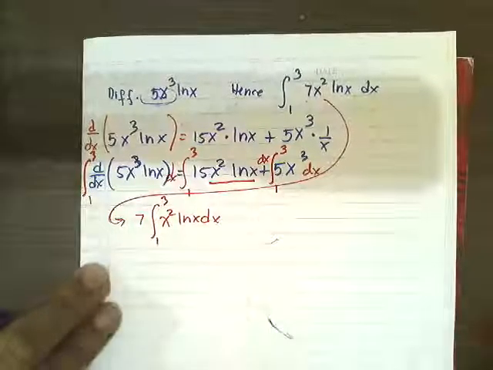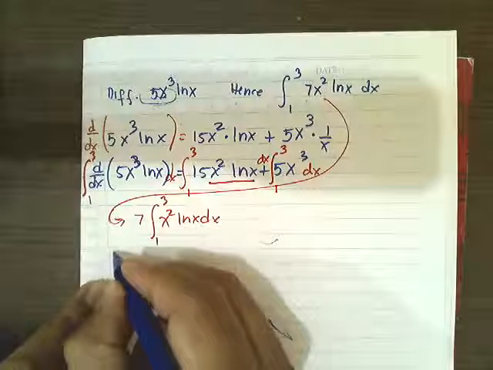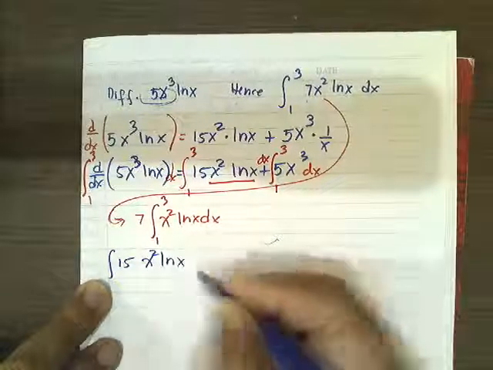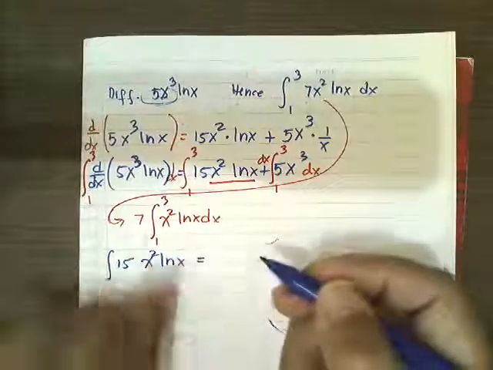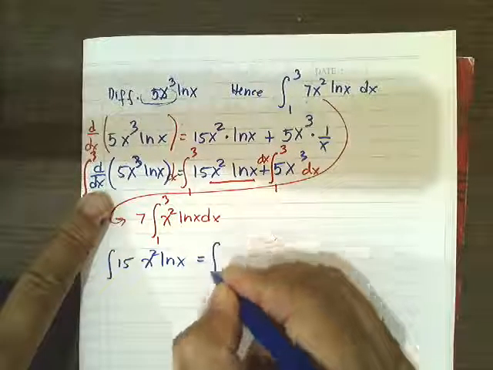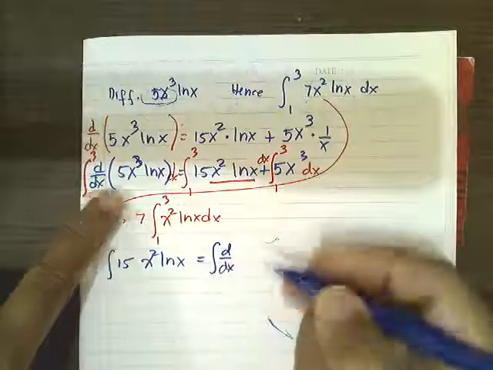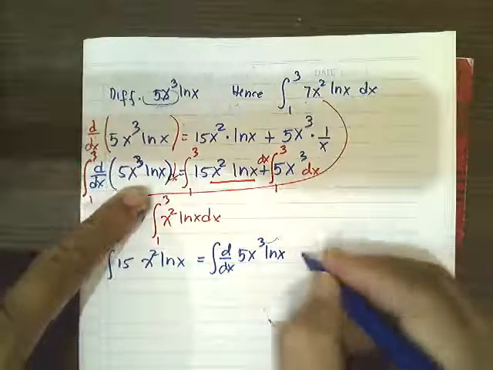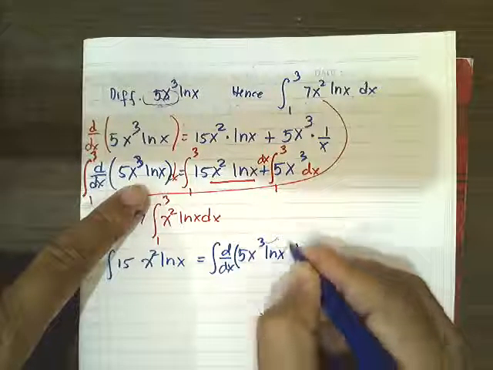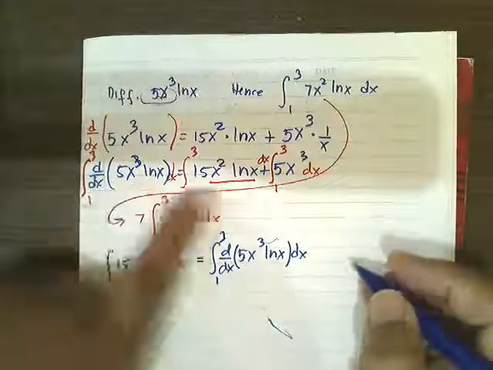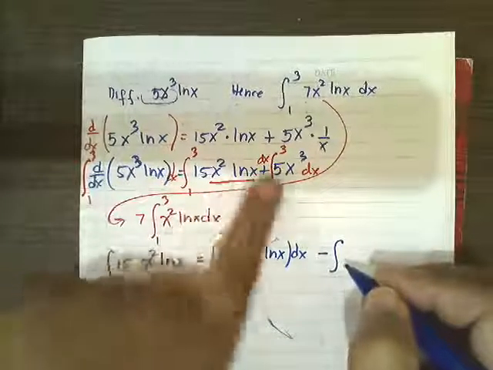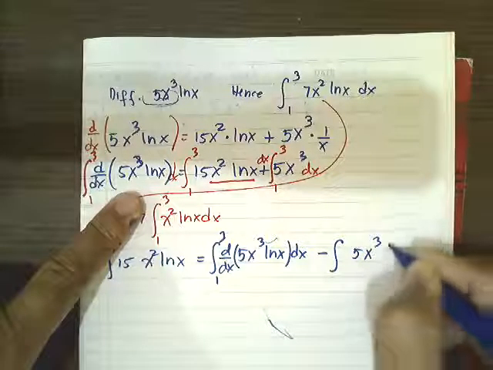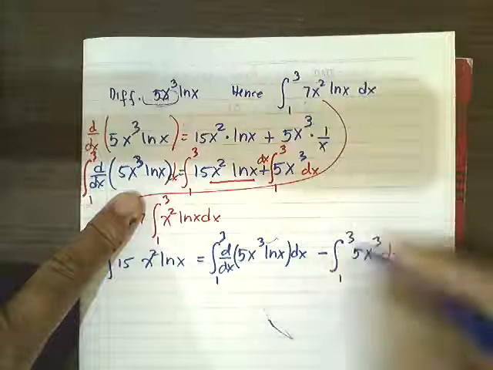Alright, so this one now is equal to what? The integral of 15x squared ln x is equal to the integral of the derivative of 5x cubed ln x dx from 1 to 3, minus, because this one will go to the left, the integral of 5x cubed dx from 1 to 3.